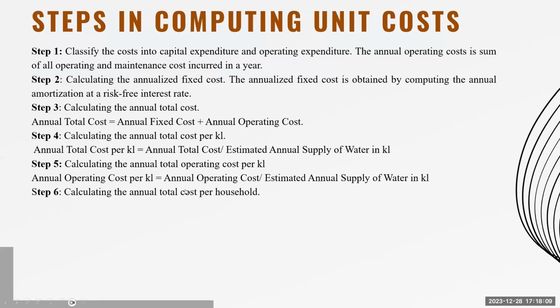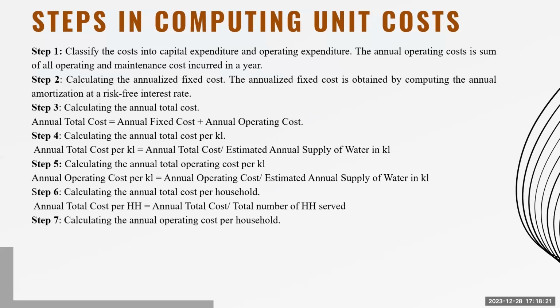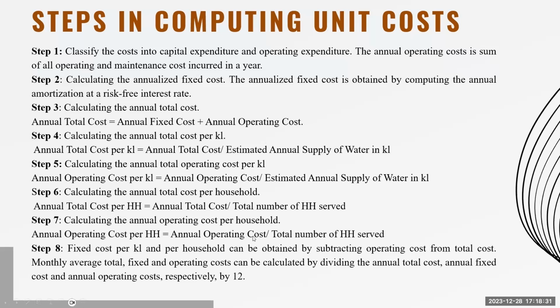If you use households as the unit, then we can calculate the annual total cost per household, which is annual total cost divided by the total number of households served in the habitation. Similarly, we can look at annual operating cost per household, which is annual operating cost divided by the total number of households.